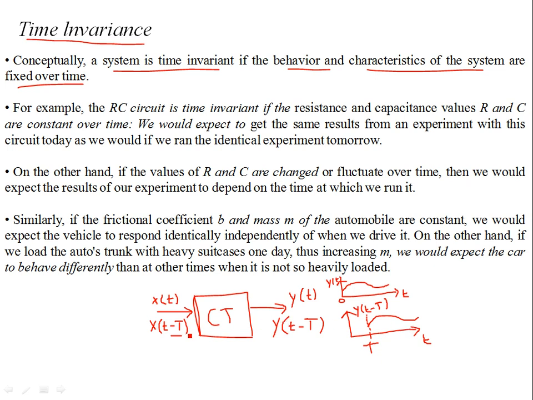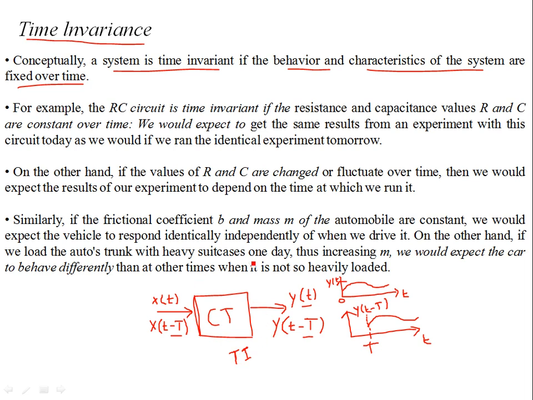It's like applying an input after a certain time period, let's say after 1 hour. The same output y of t appears after 1 hour, or a finite duration of time, whatever it is, 1 day or 10 days or a month. The same waveform should appear with the same time delay. Then you classify the system as time invariant (TI). If not, then this is a time varying system.